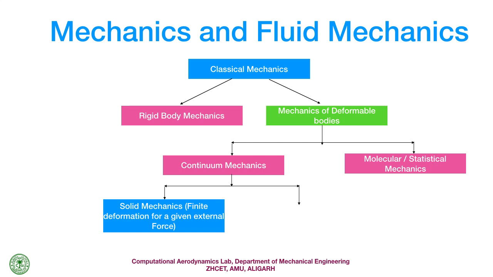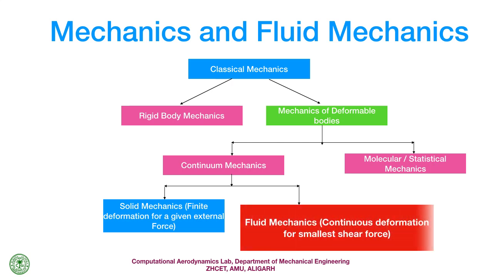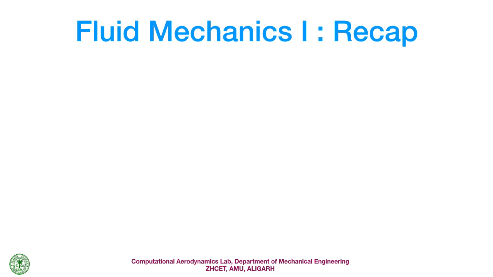But if this amount of external force is the smallest shear force, then it comes under the fluid mechanics bracket, which is basically the field of study. So you can see how the fluid is defined. Fluid can be defined as a substance which continuously deforms itself by the application of the smallest shear force. That is how the fluid goes.